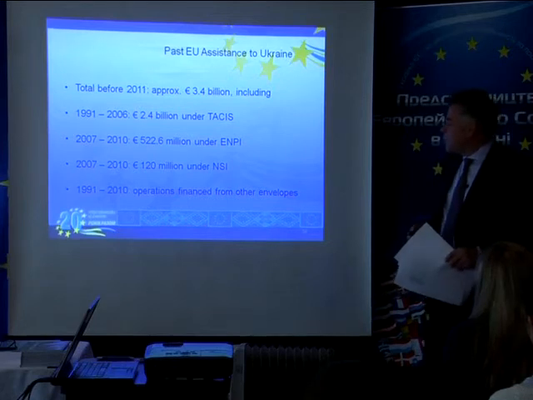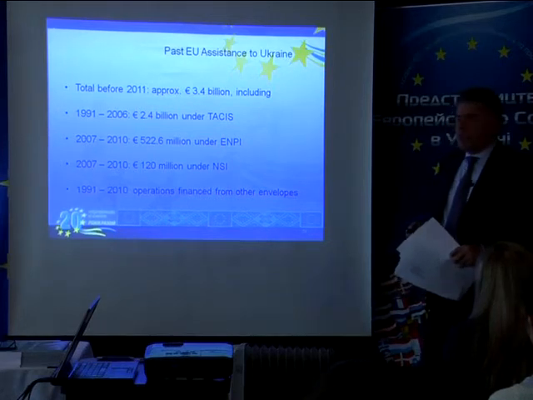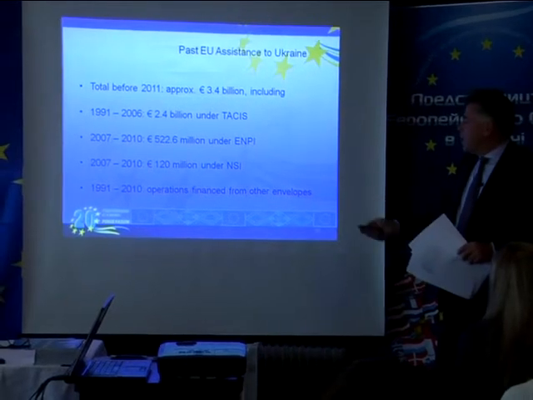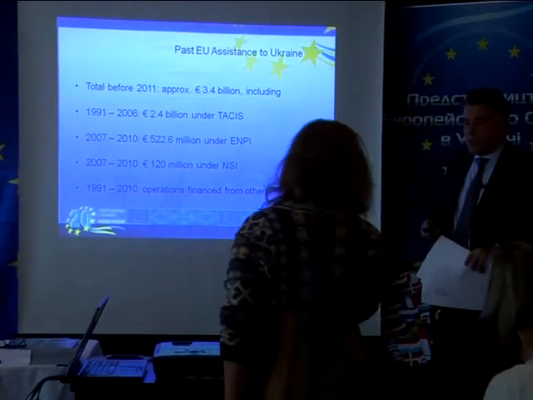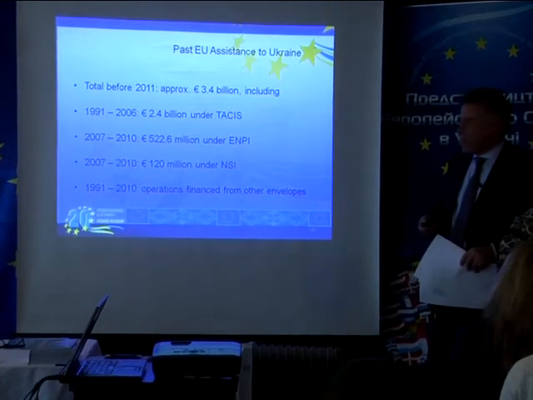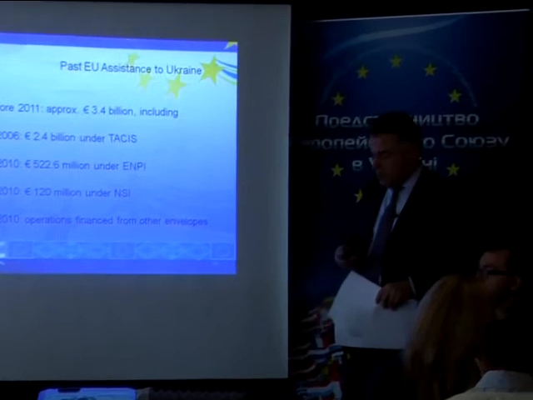That is why the figure before was higher. In fact, even I found it difficult to compile the figures, by the way. And as I said, throughout that period, operations were also financed under other envelopes than the bilateral.